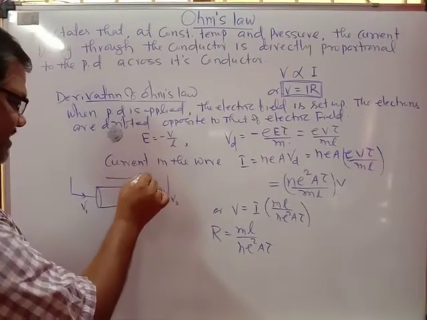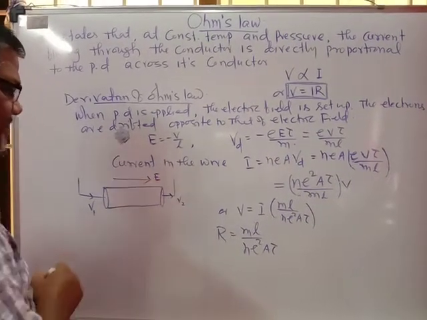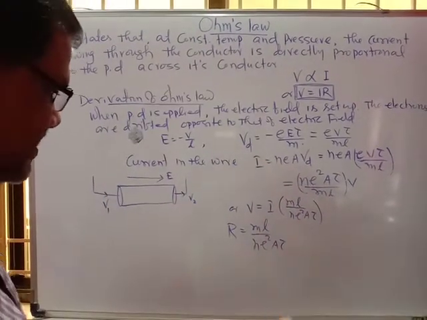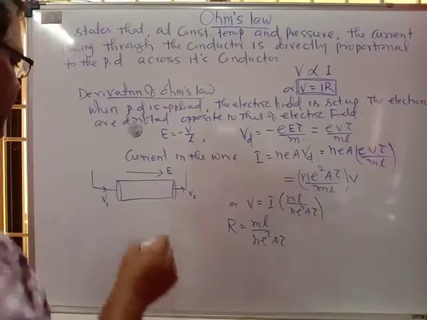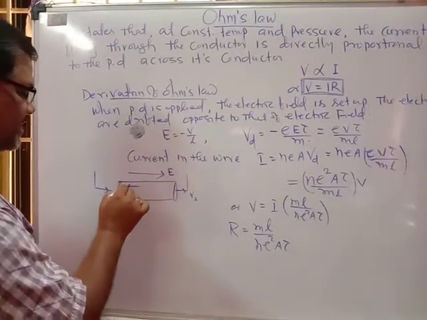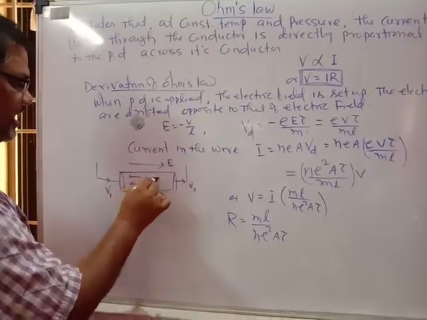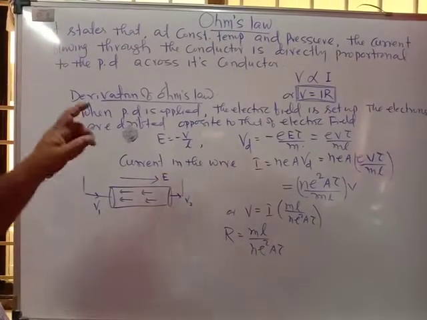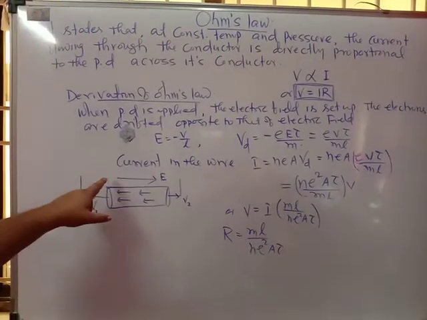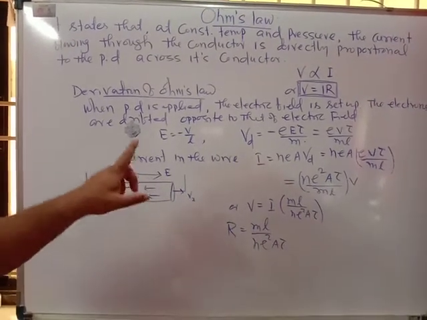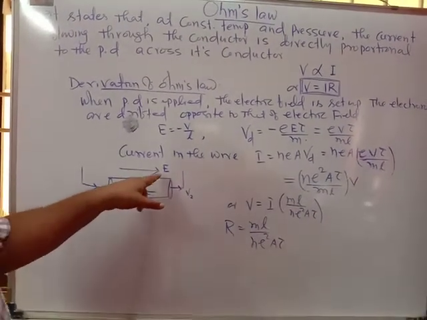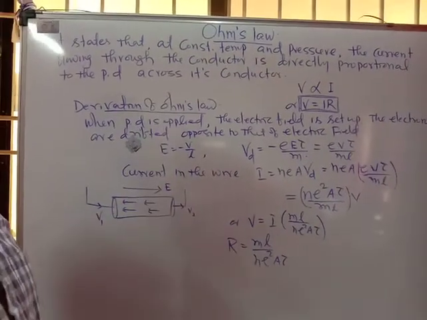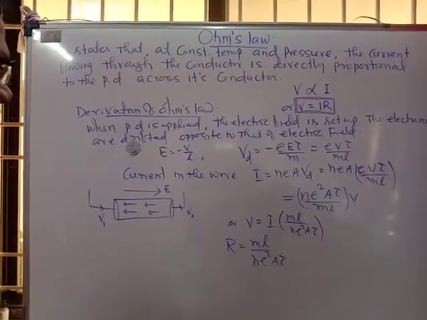That is, the electric field is set up along the conductor, and the electrons inside the conductor will drift opposite to the electric field, in this direction. So when PD is applied, an electric field is set up and electrons drift opposite to it.